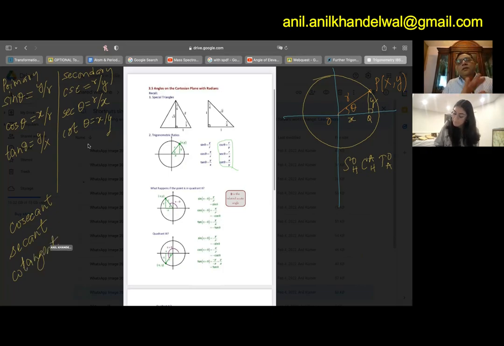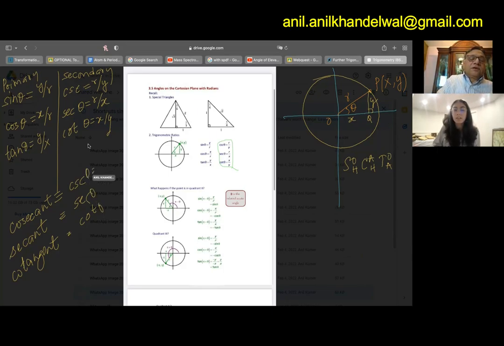Remember one thing, all these trigonometric ratios are written in lower case, no capital letters. On our calculator, would you be able to calculate cot? No. 1 over tan.